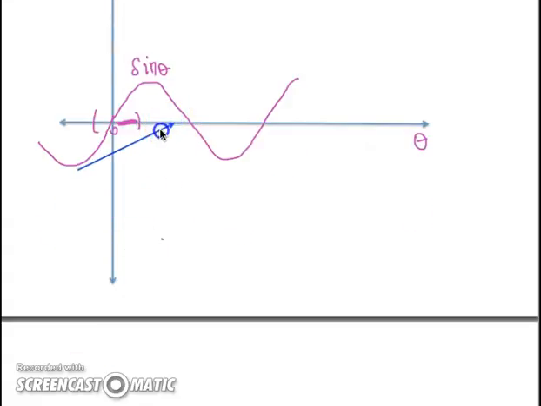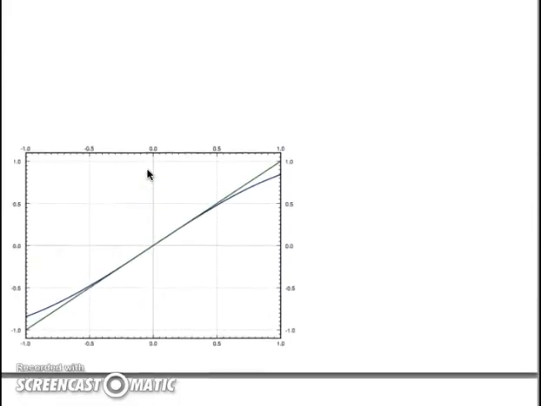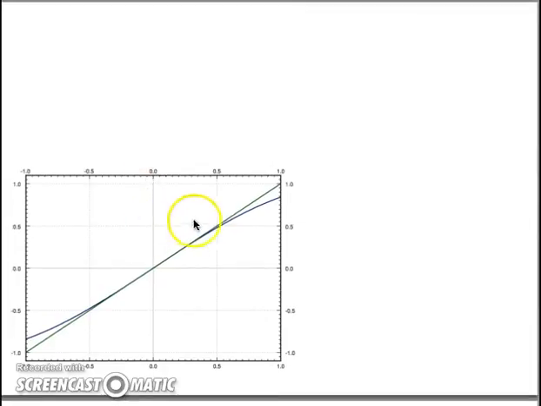So what happens if in an interval around 0, we consider an approximation of sine with a line? You can see that I'm trying to position a line there, and basically by doing that, I want to make the approximation that sine of theta is equal to theta. This is only valid on a neighborhood of 0. And that is precisely the idea with this graph here.